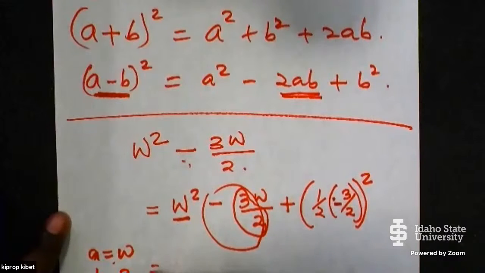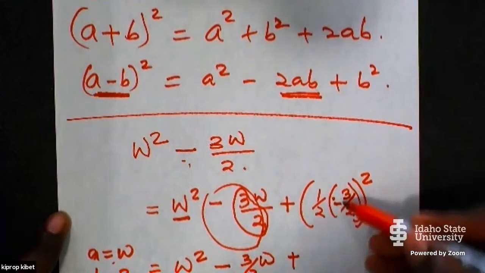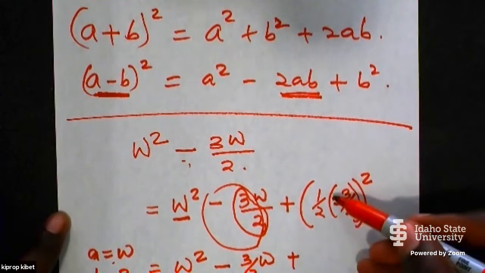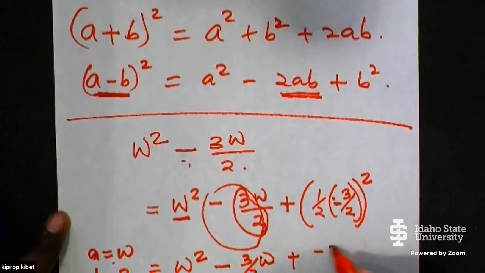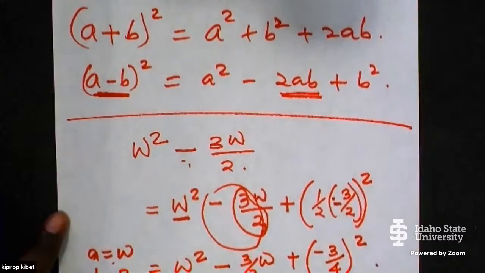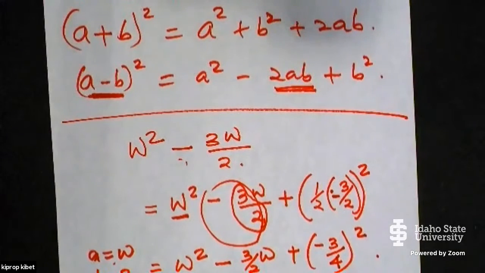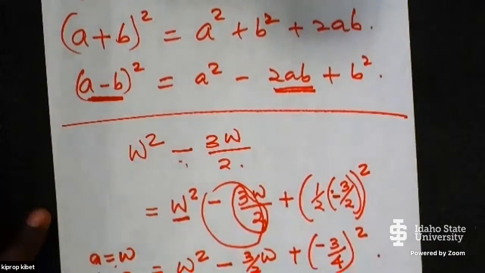So finally, our equation will be w squared minus 3 all over 2 w plus, so this will be minus 3 all over 4, and then you square. Minus 3 over 4, and then you square.